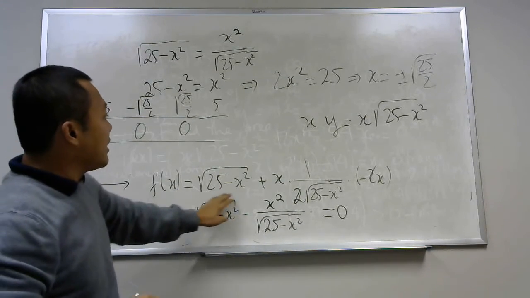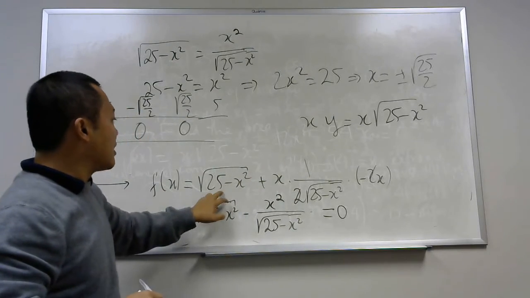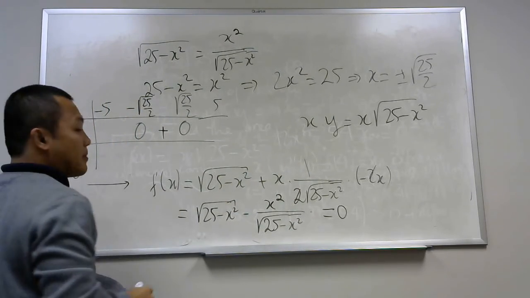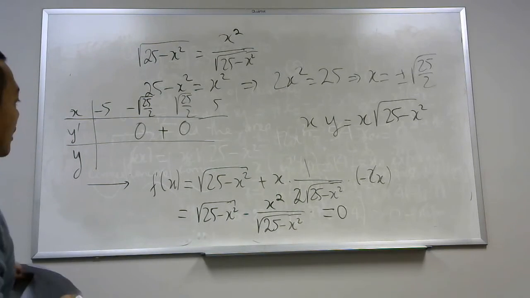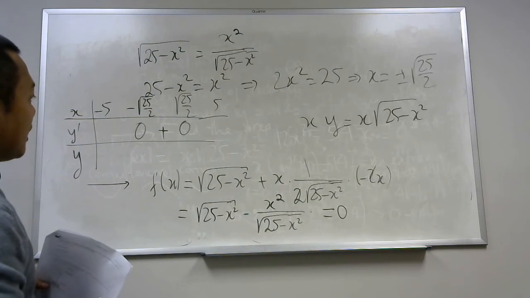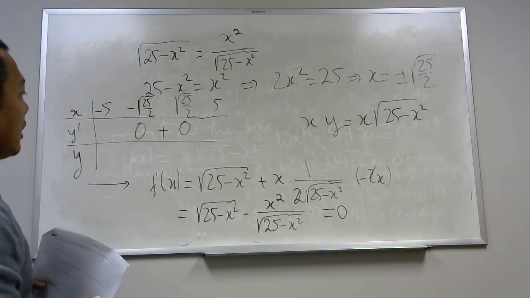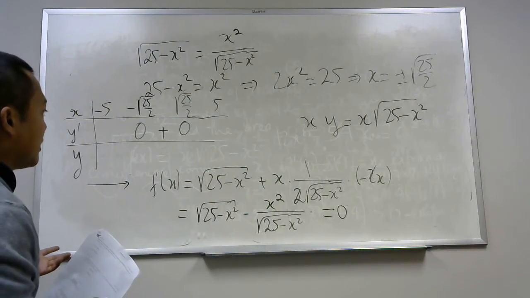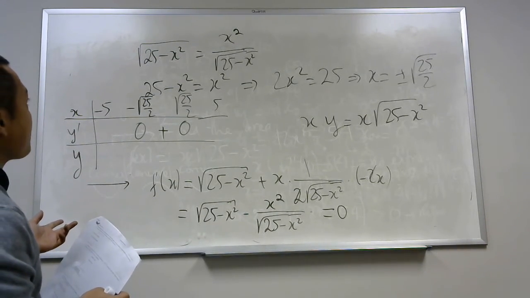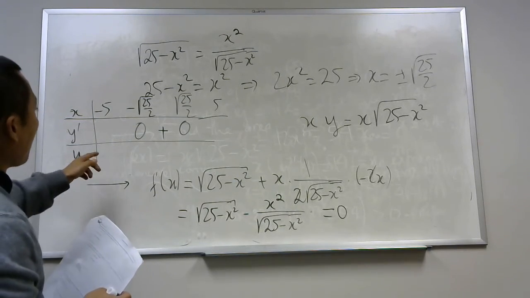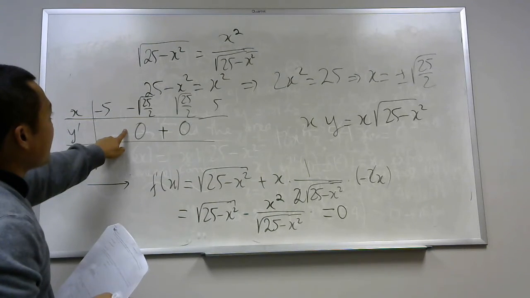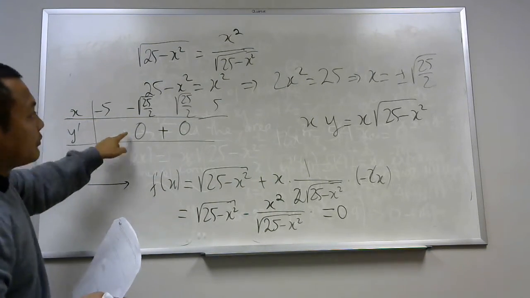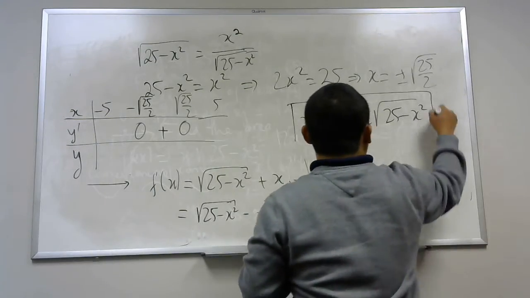I plug 0 into the derivative. This part is 0, this part is positive. So I have positive in here. Right? This is very interesting.